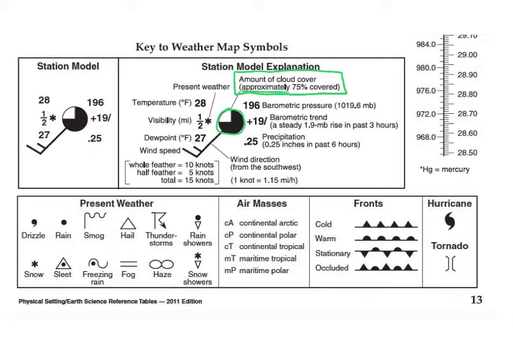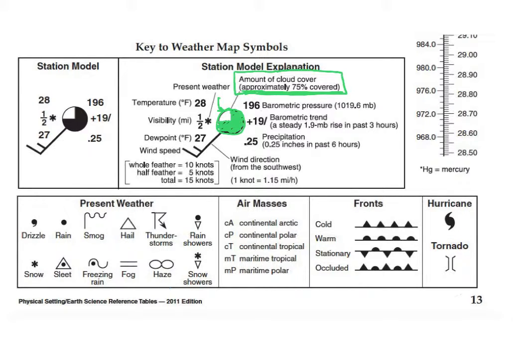So in this case, 75% of this symbol is filled in. And because 75% of it is filled in and only 25% of it is not filled in, we would say that 75% of the sky is covered with clouds. And so that's what that means.